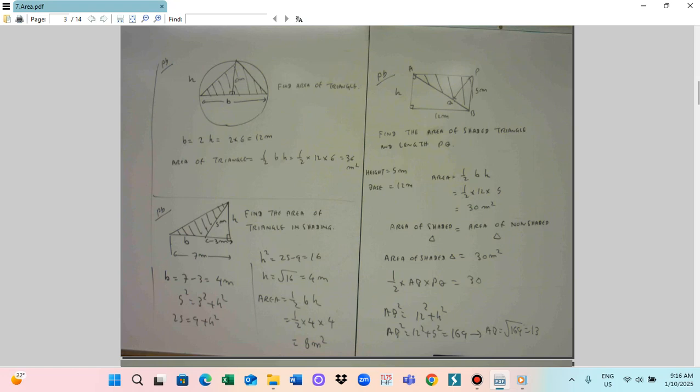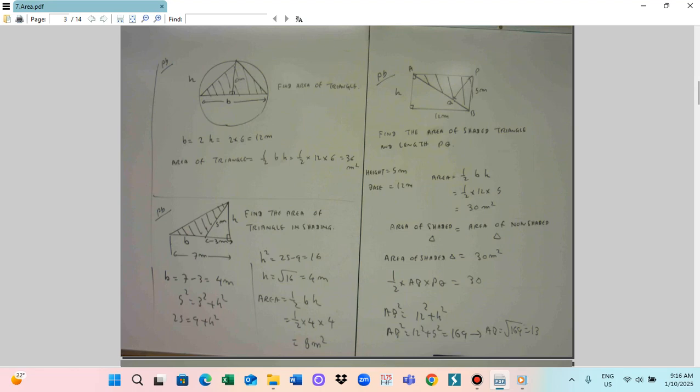So area of shaded triangle is equal to area of the non-shaded triangle. So the area of shaded triangle is also the same, 30 meters square.